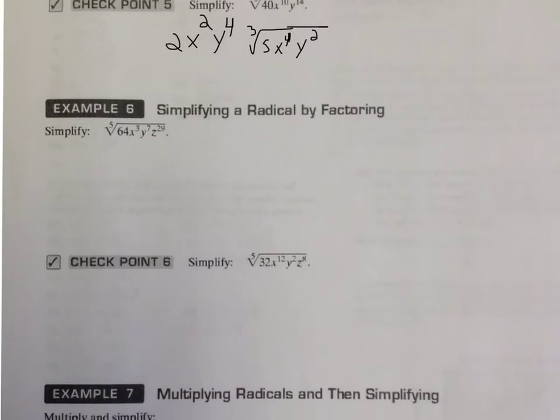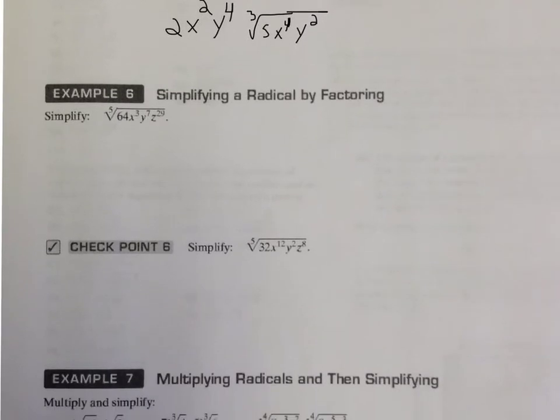Let's move it up. And we got the fifth root of 64 to deal with. So we need a perfect fifth root, or perfect fifth power, I guess. And 2 to the fifth power is 32. And 32 times 2 is 64.